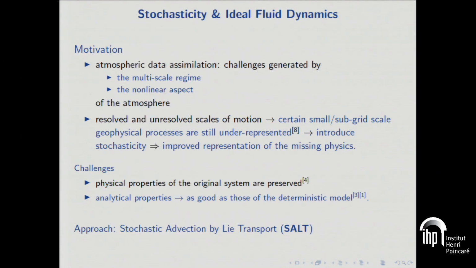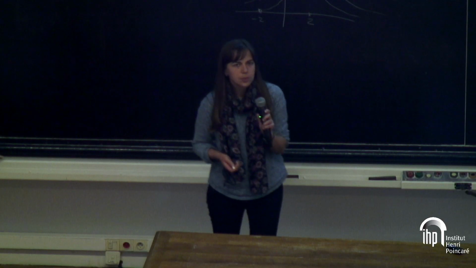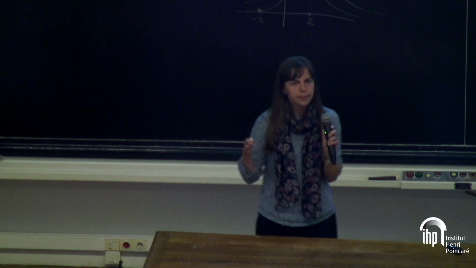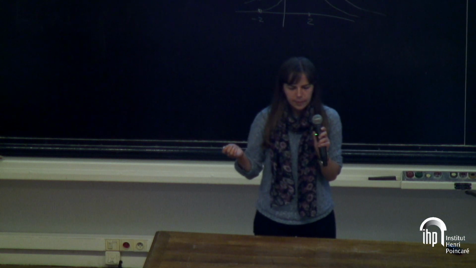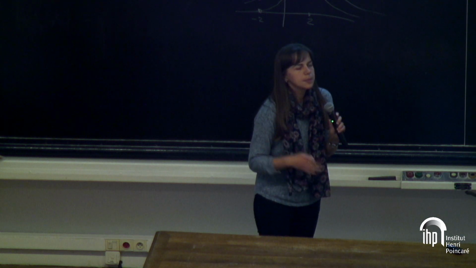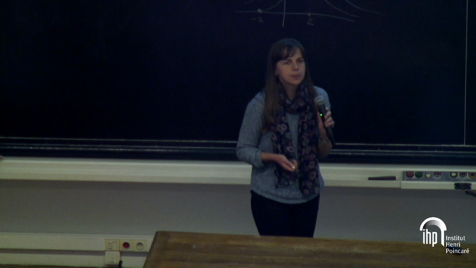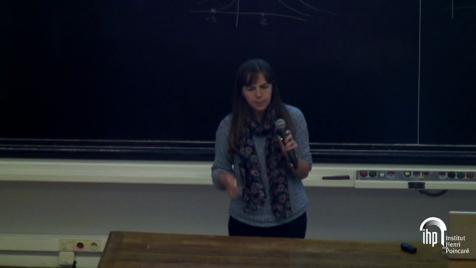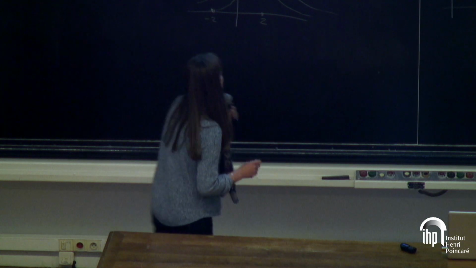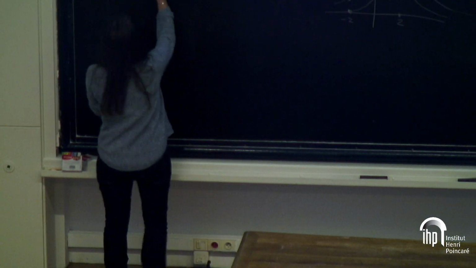So you saw on Monday, the main idea of the SALT approach is that we introduce stochasticity at the level of the Lie derivative of an advected quantity. Think about a nonlinear transport equation, for instance, and if in the deterministic case we investigate the behavior of an advected quantity, say vorticity, along a certain trajectory, in the stochastic case we are going to investigate the behavior of the same advected quantity, but now on a stochastically perturbed trajectory.